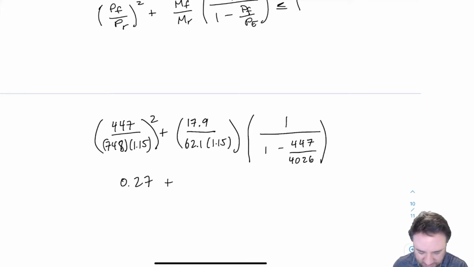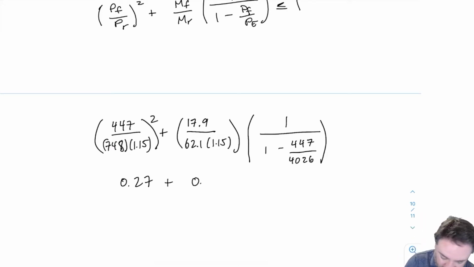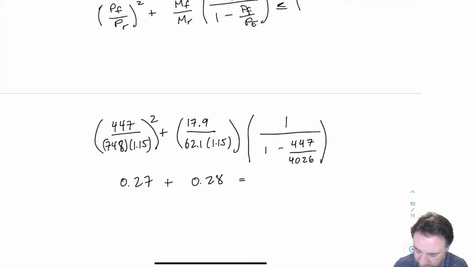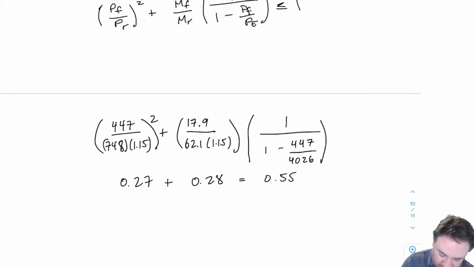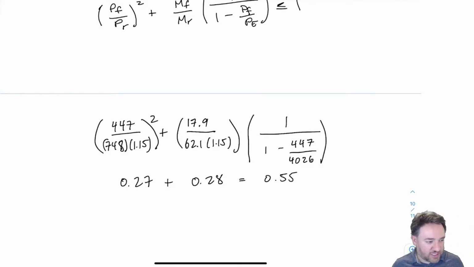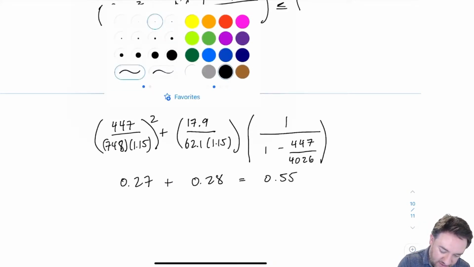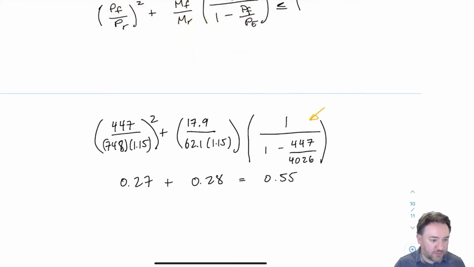That's why I'm including it extra. And then this one here is going to be about 28%. And these two together are going to be equal to about 55%. So that's fine. I'm less than 1. This amplification term in this case caused an amplification of around 12%.